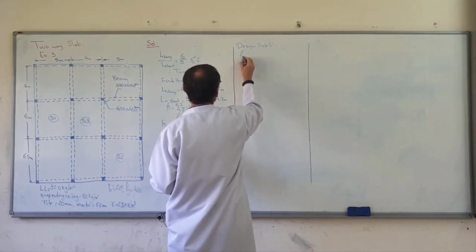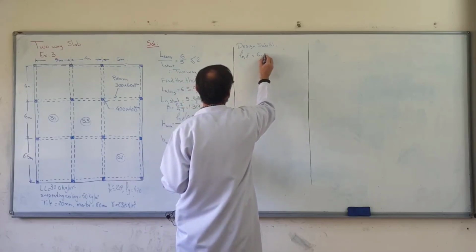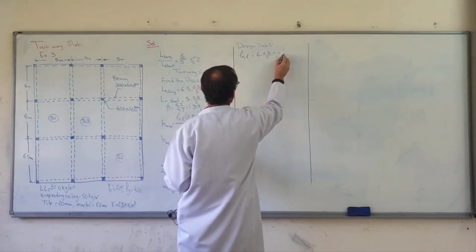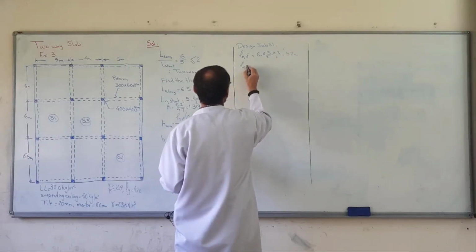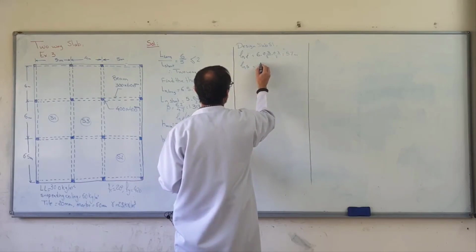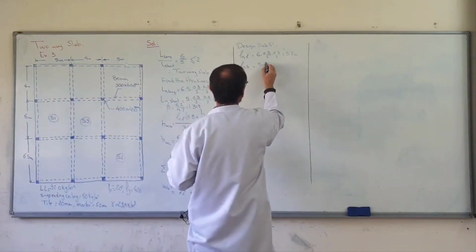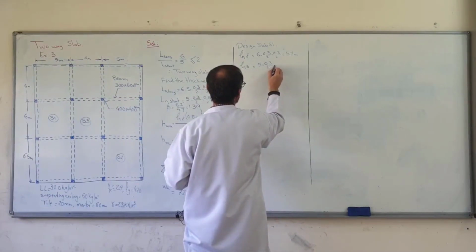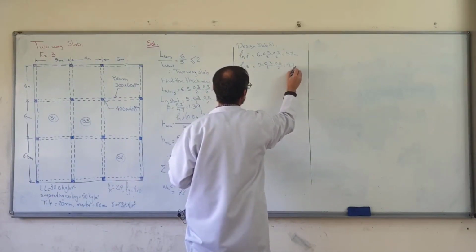ln is equal to what? ln long is equal to 6 minus 0.3 over 2 minus 0.3 over 2, and this is equal to 5.7 meters. ln short is equal to 5 minus 0.3 over 2 minus 0.3 over 2, which is 4.7 meters.